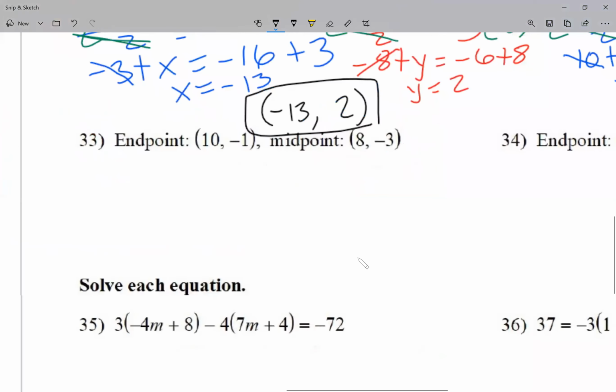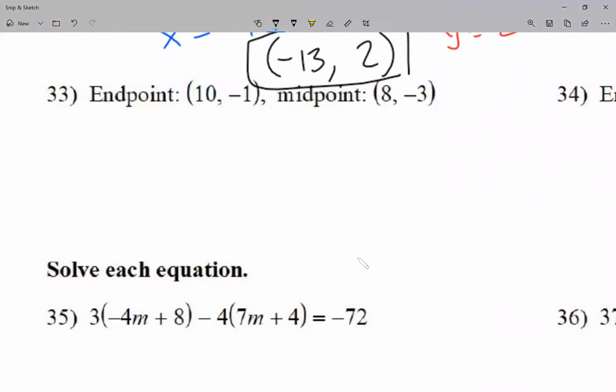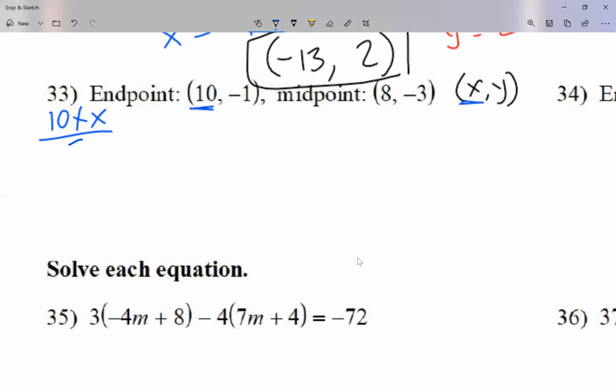All right, let's take a look at question number 33. My other endpoint, I don't know it, so let me just call it x and y for right now. The way I'm going to solve this, let me take a look at the x's of my endpoints. So I'm just going to go 10 plus x divided by 2 is equal to, in this case, 8, the x of the midpoint.